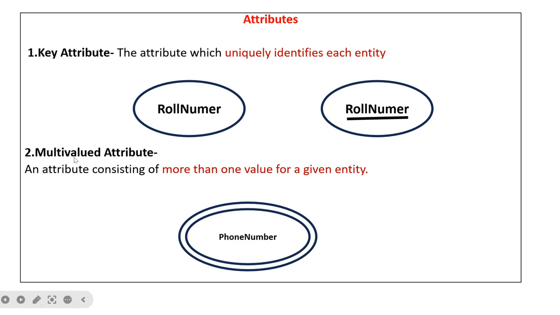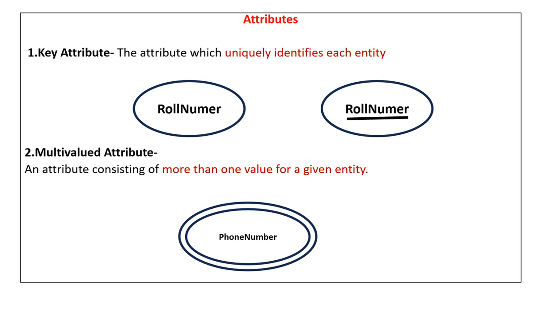The second type of attribute is multi-valued attribute. Which attribute has more than one value for a given entity? If you have an entity which has more than one value, then you call that a multi-valued attribute. For example, phone number.